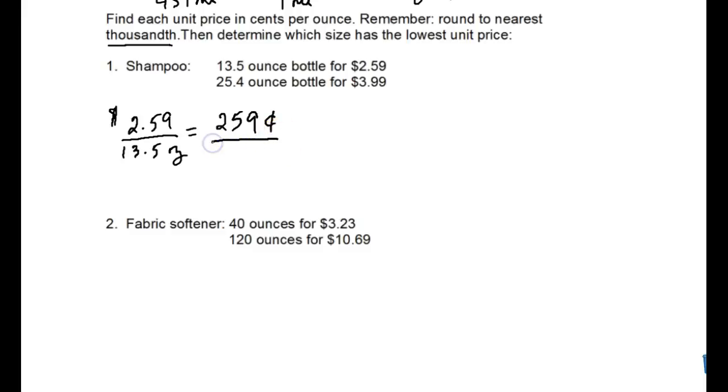So we can come up with cents per ounce. When we divide the top and the bottom by 13.5, we're going to get 19.185 cents for 1 ounce. So that's cents per ounce.